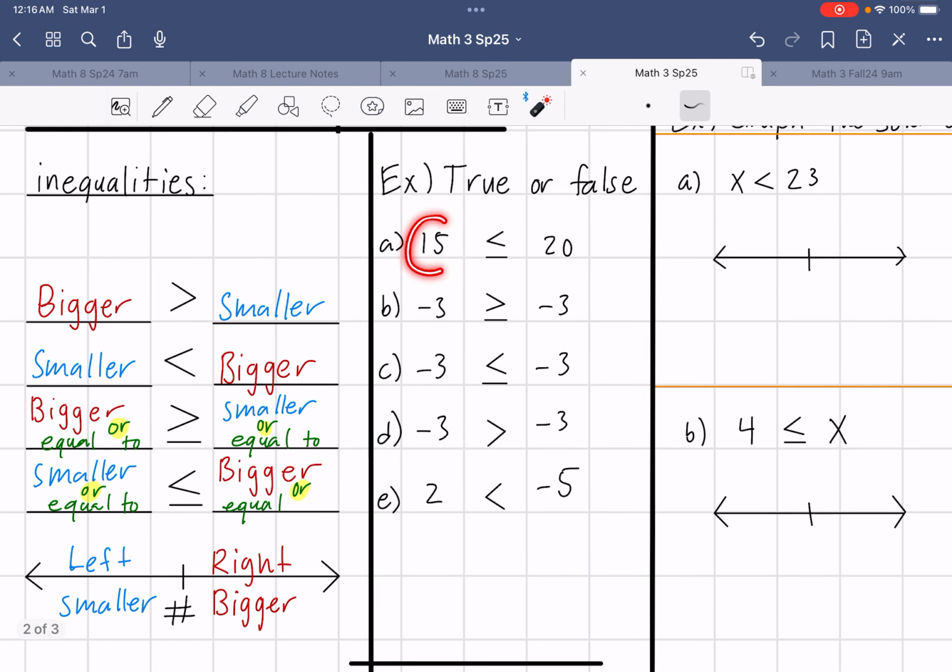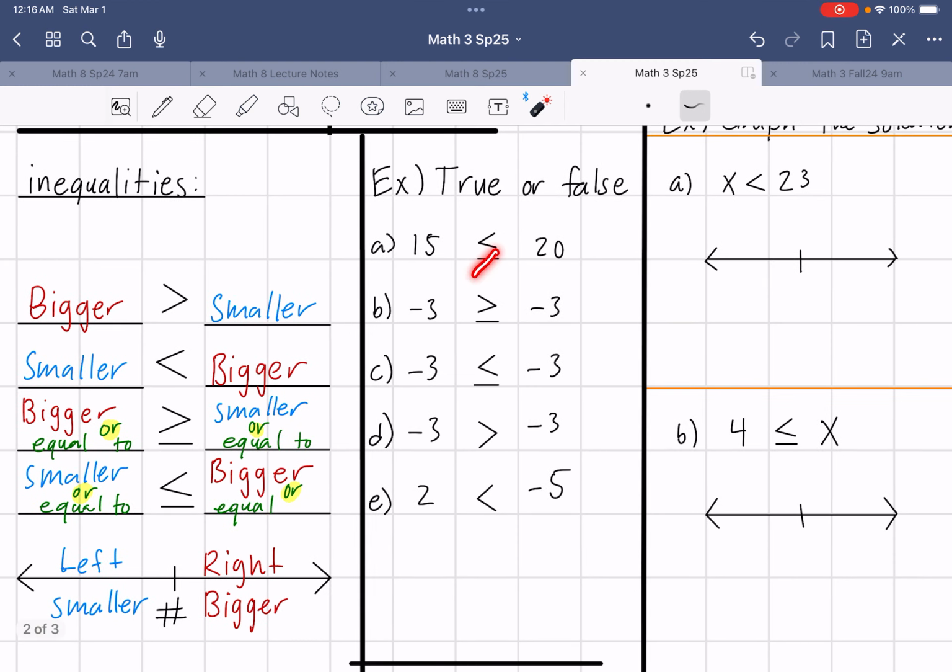Now, definitely 15 and 20 are not equal. But I don't need to satisfy both of these statements. I only need to satisfy one of them. So I definitely don't satisfy the equal to part. But 15 is definitely smaller than 20. Hence, this is true.